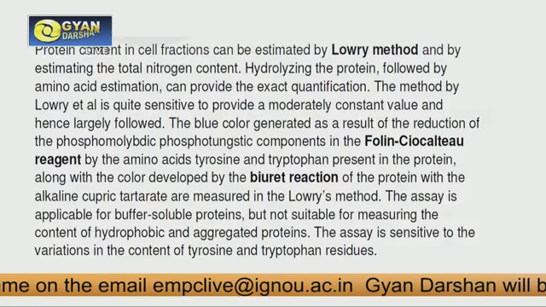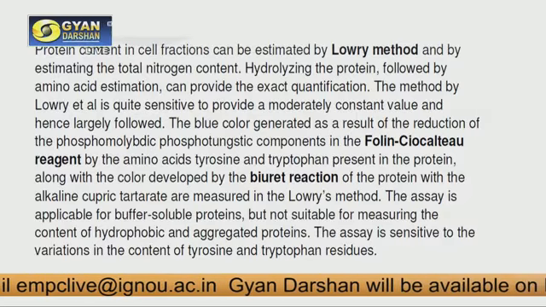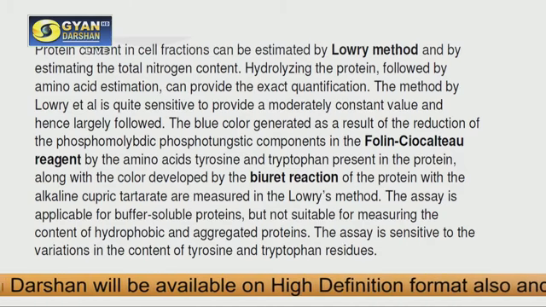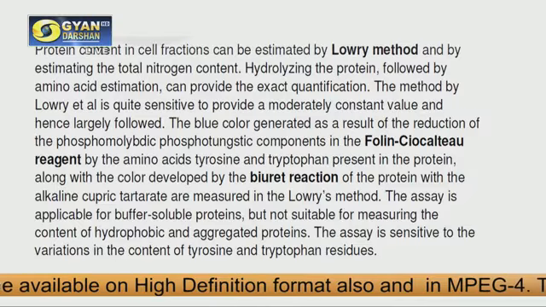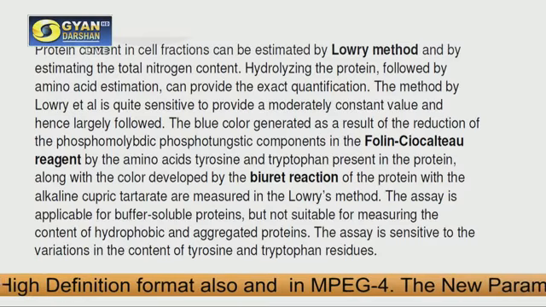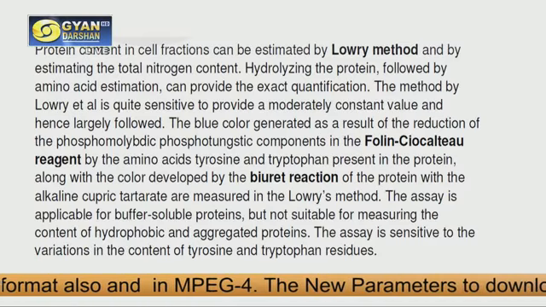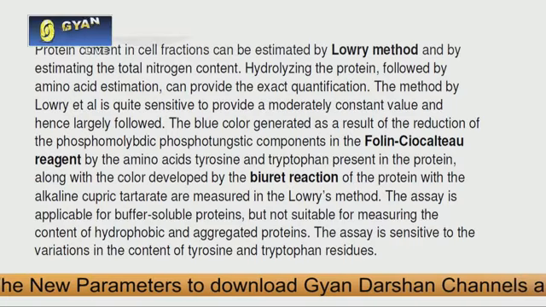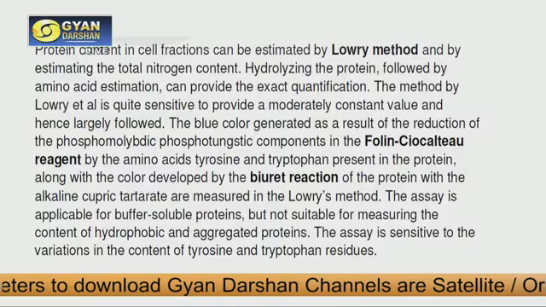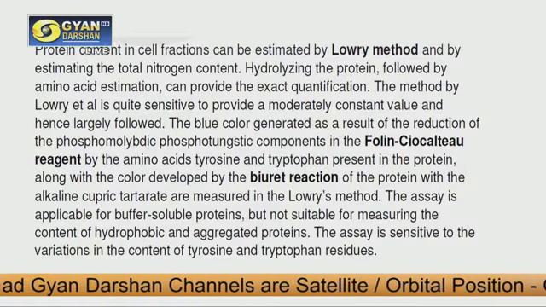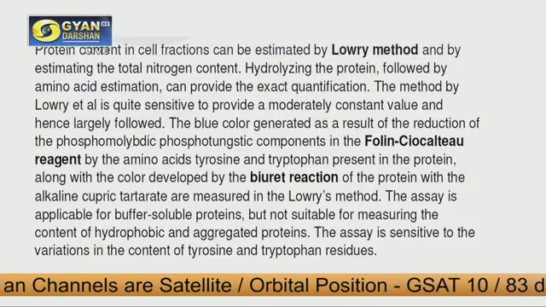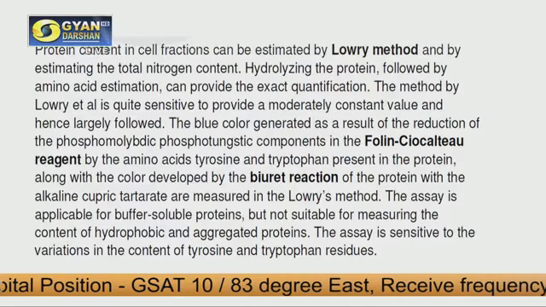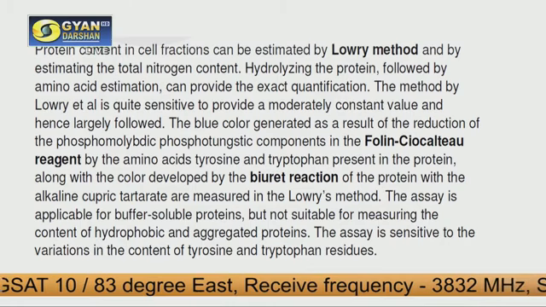So when you add this reagent, it interacts with the amino acids tyrosine and tryptophan present in the protein, and then a blue color is generated, and this blue color is developed by the biuret reaction of the protein with the alkaline cupric tartrate, which is measured in the Lowry method. So basically you are using this Folin-Ciocalteu reagent and the alkaline cupric tartrate.